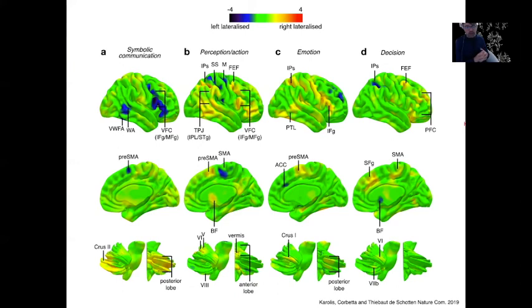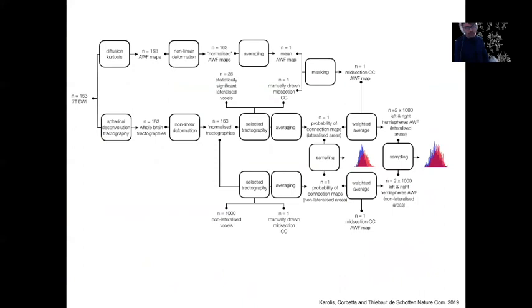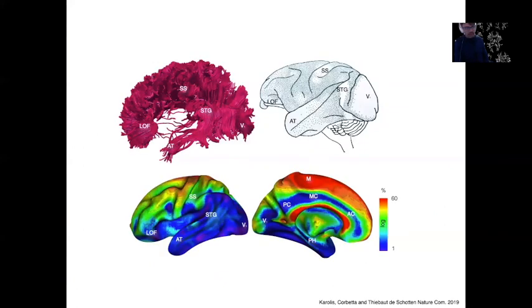And the next question was, how does this level of lateralization of brain function relate to the strength of connection with the corpus callosum? So we took the best data that we have for the measurement of the corpus callosum connections, and we extracted an average level of connectivity that you can see here at the bottom, that we compared to what we know about how the left hemisphere is connected with the right hemisphere in monkeys.